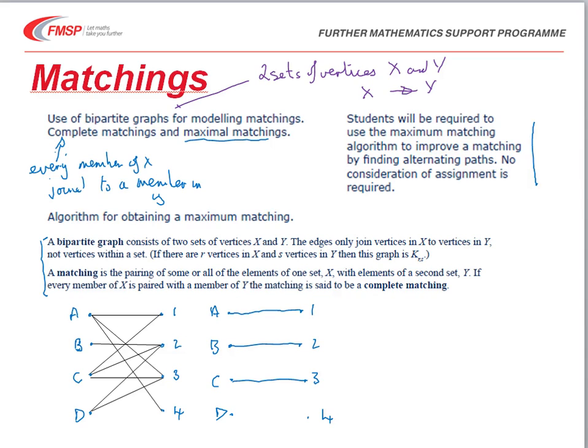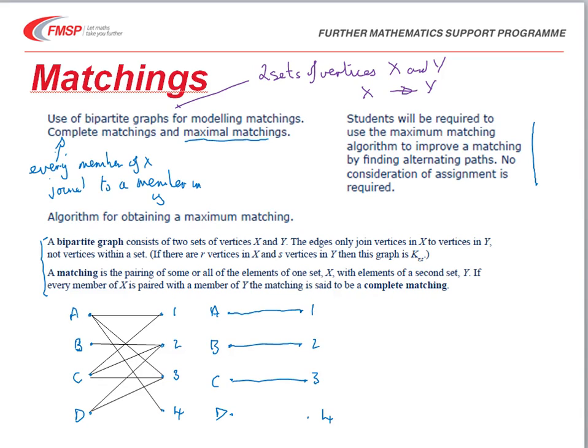An alternating path is a path which starts from matching M, and we try to find a path from an unmatched value in x, the first set, to an unmatched value in y, the second set.